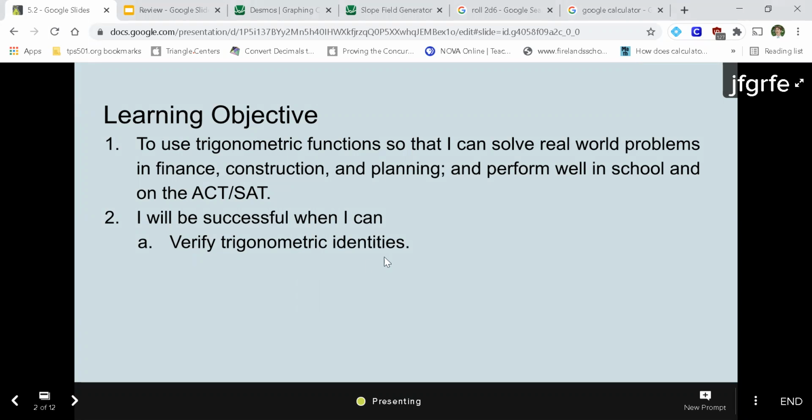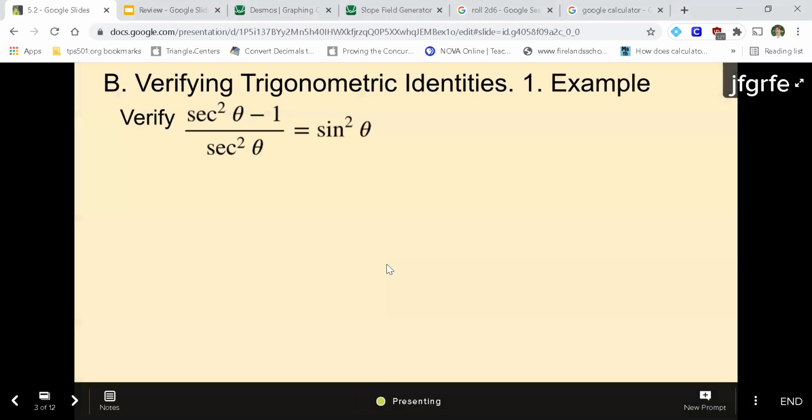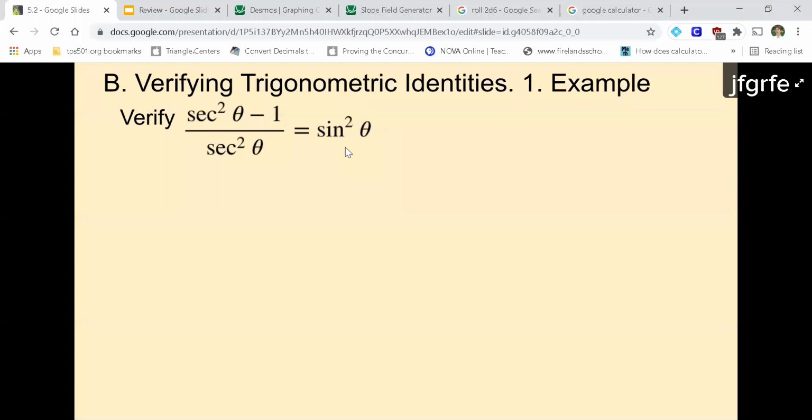We're verifying trig identities, which means we're basically going to take a complicated expression and simplify it to show that it equals another trig expression. So same steps, you're going to use your algebra skills to combine like terms, factor, distribute. If that doesn't work, try to get everything in terms of sine and cosine, and then simplify again.